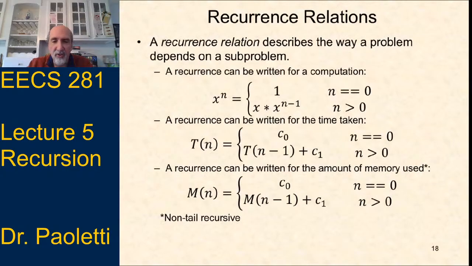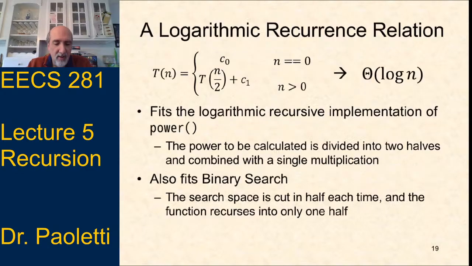Okay, recurrence relations. We said this in the previous lecture, we can write out a recurrence relation for the computation, for the time, for the memory. When we look at solving recurrence relationships, we wrote this one down last time and we solved it for the power function, which also fits the binary search function.